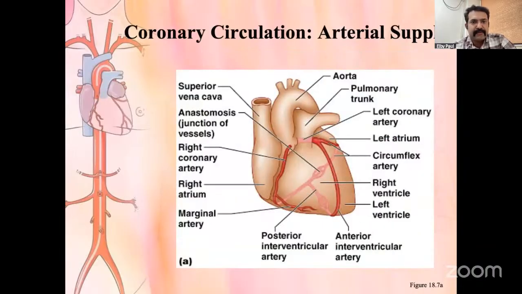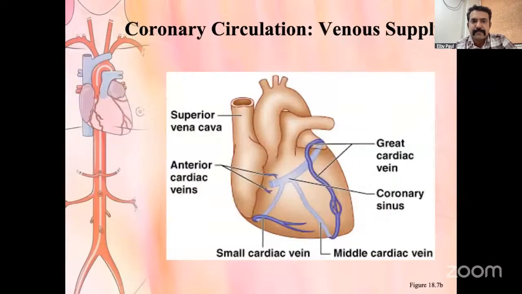This is the coronary circulation, the arterial supply. Here we can see the aorta, pulmonary trunk, left coronary artery, left atrium, left circumflex artery, right ventricle, left ventricle, anterior interventricular artery, posterior interventricular artery, marginal artery, right atrium, right coronary artery, anastomosis, and superior vena cava.